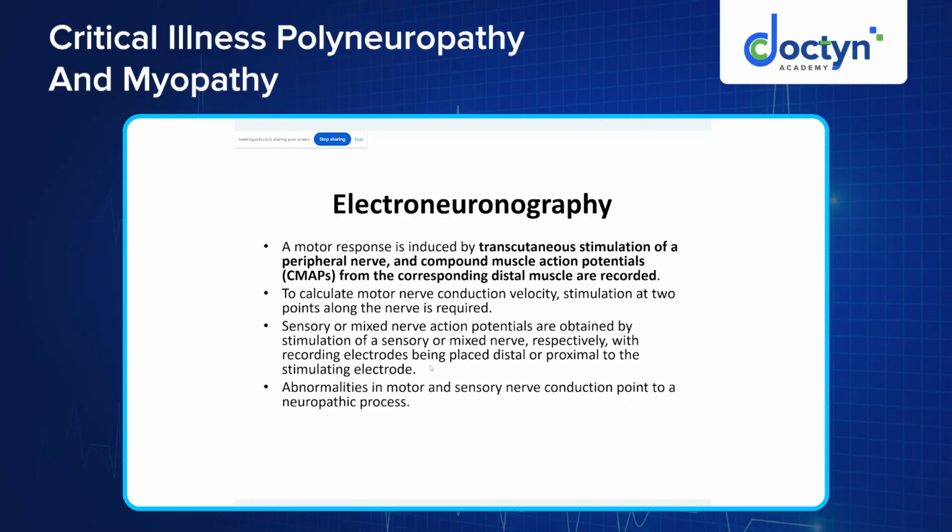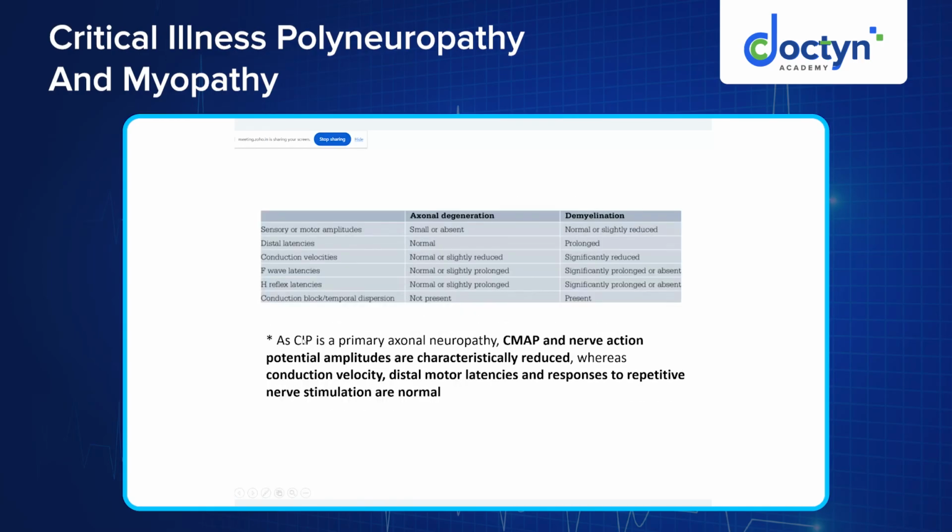Abnormalities in motor and sensory nerve conduction point to a neuropathic process, and sensory or mixed nerve potentials are obtained with the recording electrodes. So electrodes are applied, transcutaneous stimulation of the peripheral nerves is done, and simultaneously compound muscle action potentials from the corresponding distal muscles are recorded.